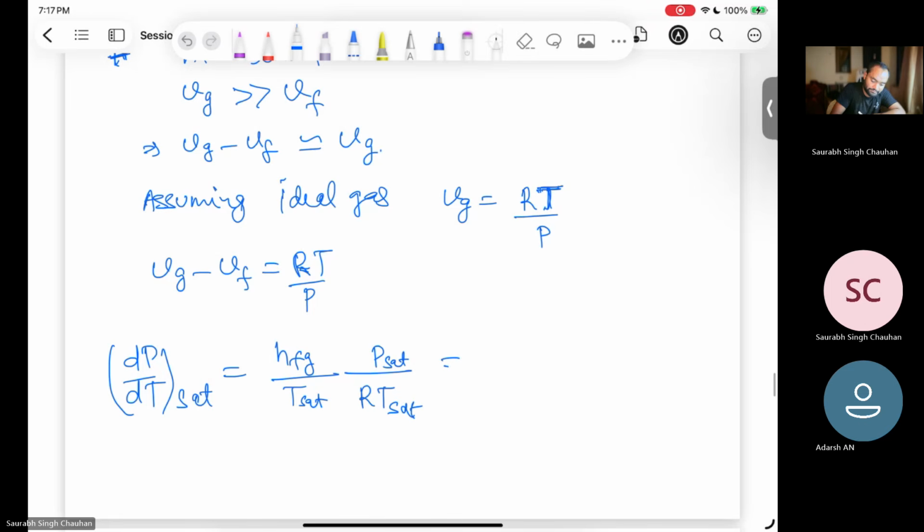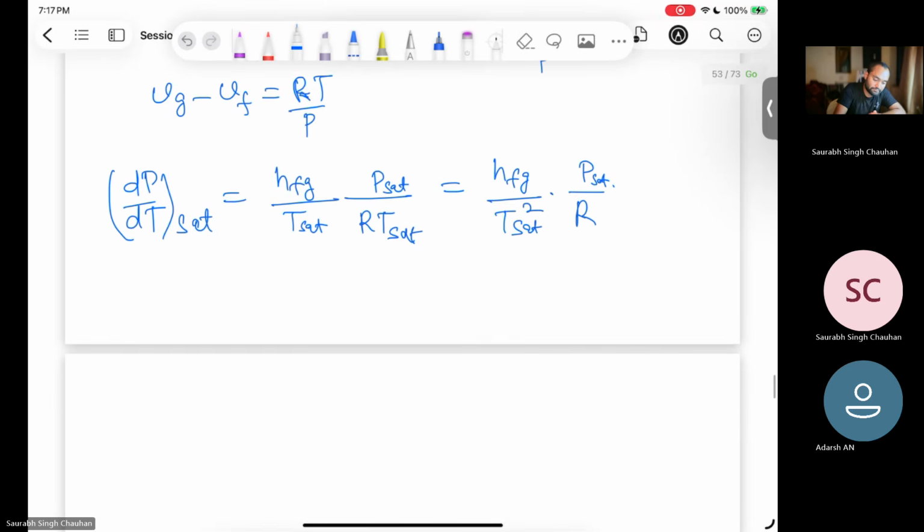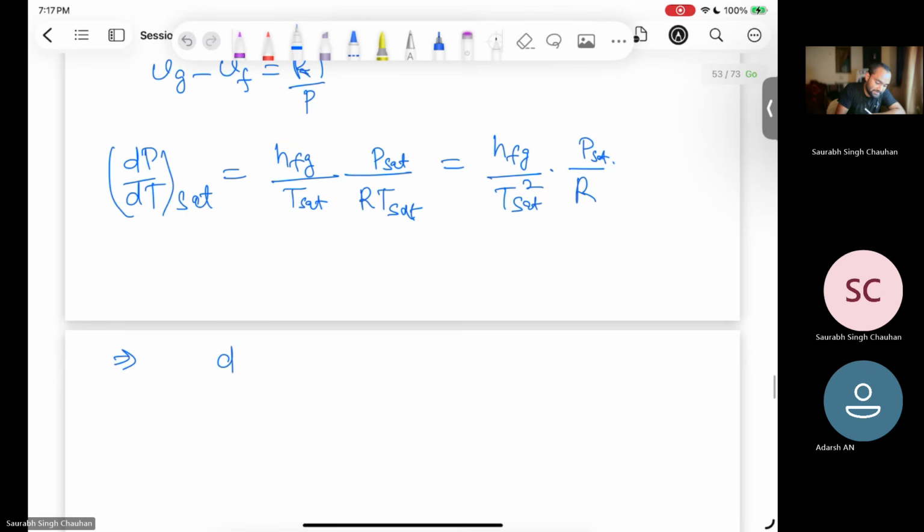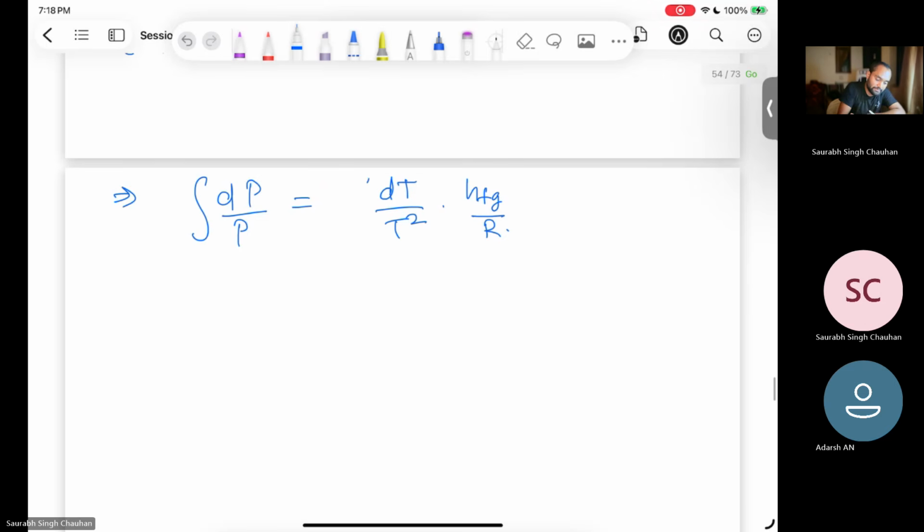So this is HFG divided by T square, P by R. If you arrange this a little bit, you can bring P this side, dP by P, and dT on the other side, so dT by T square and HFG by R. And then you can integrate it.